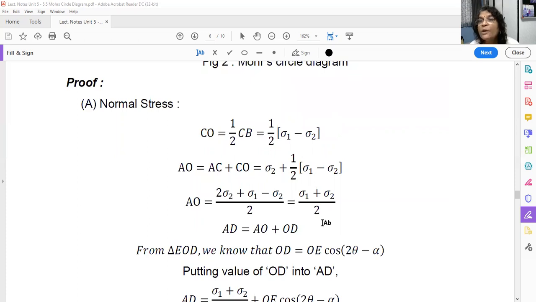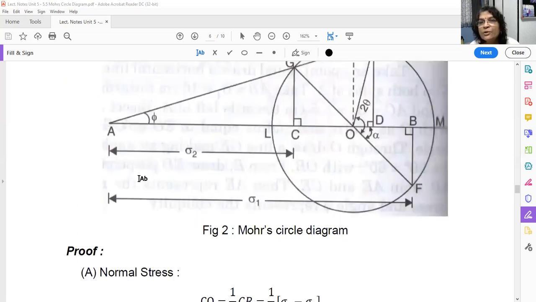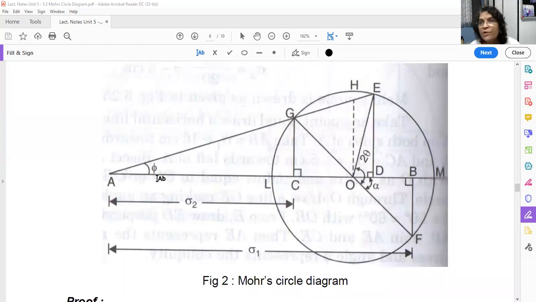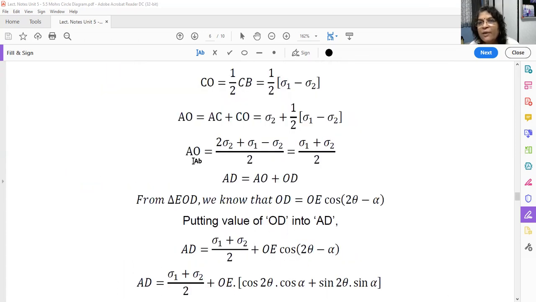Okay, now basically we want to find out AD. Our aim is to find AD. So write down AD is equal to AO plus OD. This AO we have found out just now: AO is equal to (sigma 1 plus sigma 2) by 2.